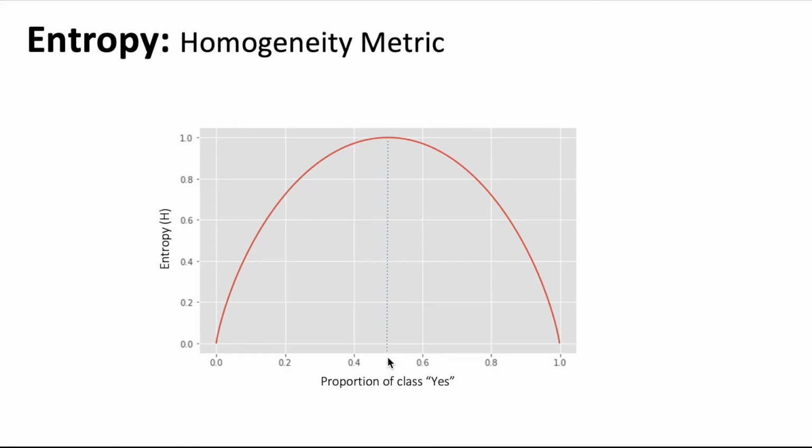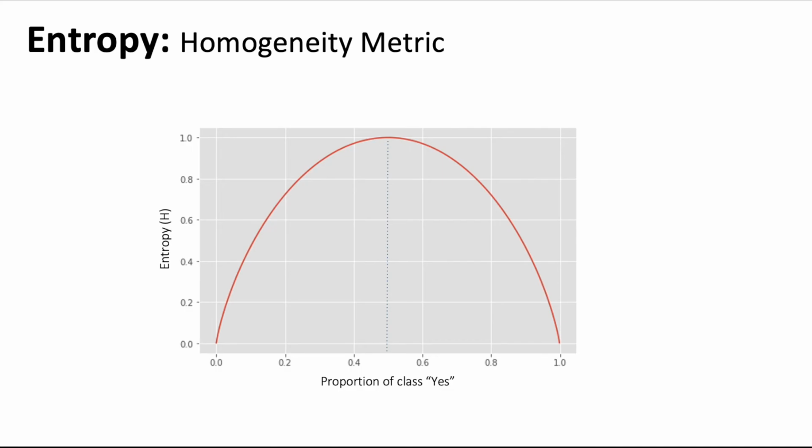In other words, 50% of the cases belonging to the class yes and the other 50% to the class no. That is the worst case of clutter, because we have half of the cases in one class and the other half in the other class, and we do not want that.